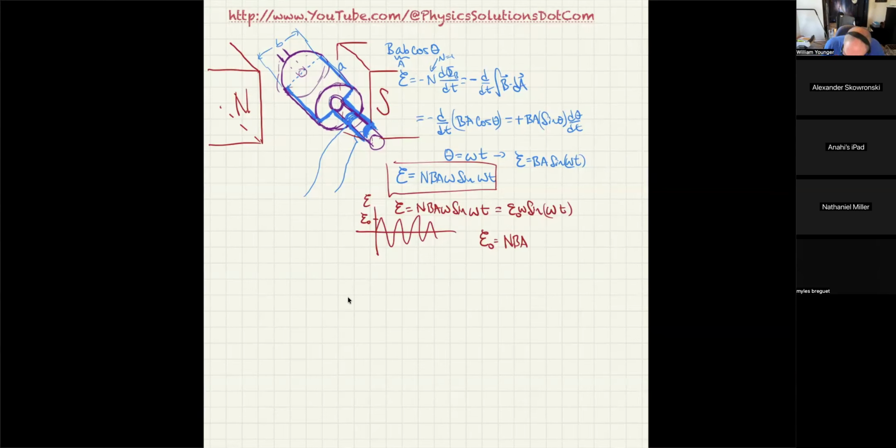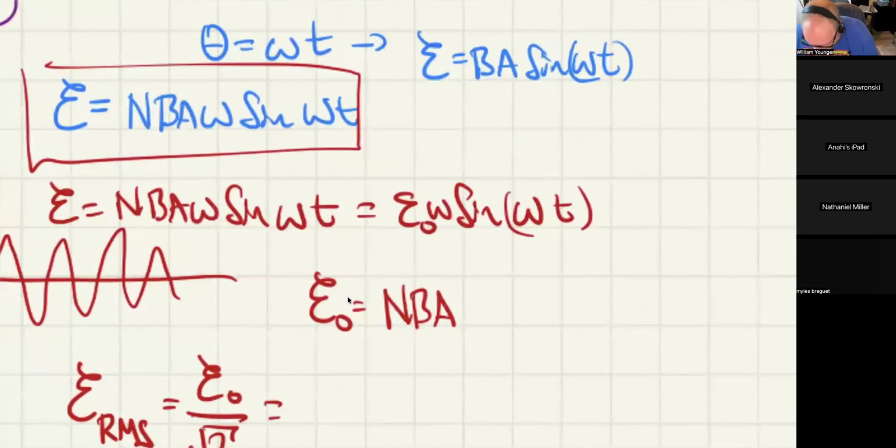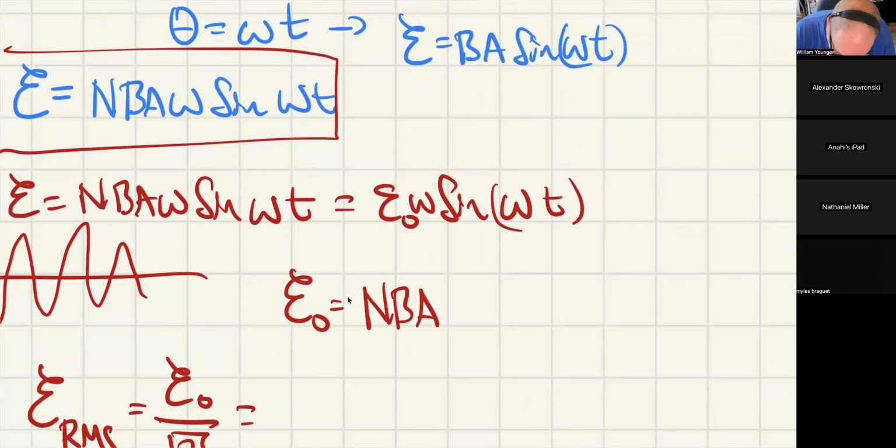Well, AC voltage says that we use ERMS, and ERMS is the peak voltage divided by the square root of 2. Oh, yeah, sorry about that. The omega has to be in there. It has to be in the E0.